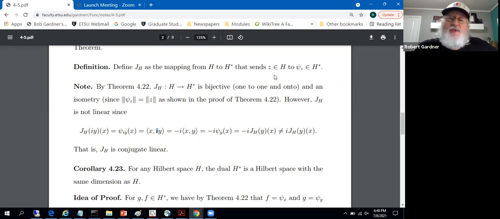J sub H would take y and associate it with psi sub y. So there it is expressed in terms of the J sub H's. And what's ultimately happened is this i scalar we had inside the J sub H mapping has come out as a conjugate. It's come out as a negative i, not as an i itself. So we're not getting linearity in these J sub H's. We're getting conjugate linearity.